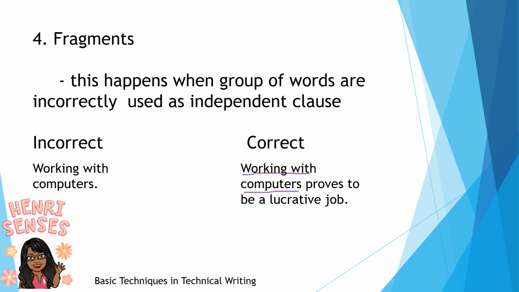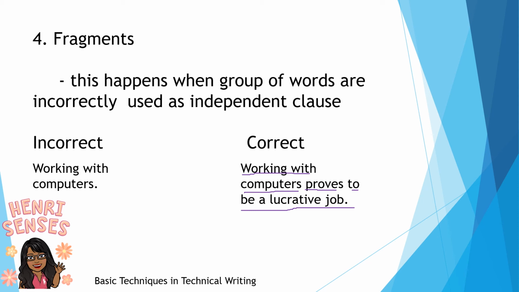Naturally, it's going to be a dependent clause. It doesn't stand alone. So we can add a predicate, proves. And then we can also add some other description. Okay, so it simply is going to be one of the steps.